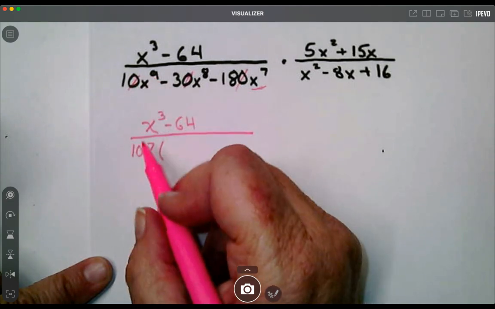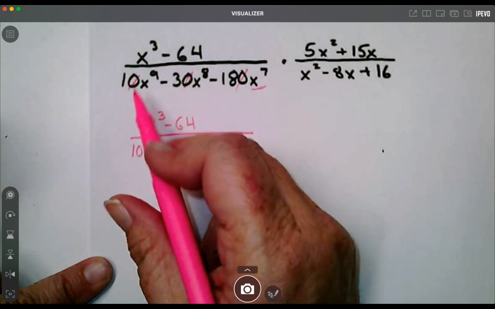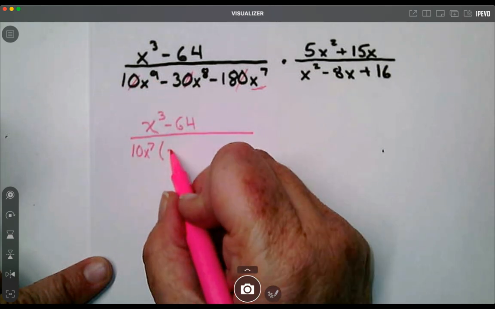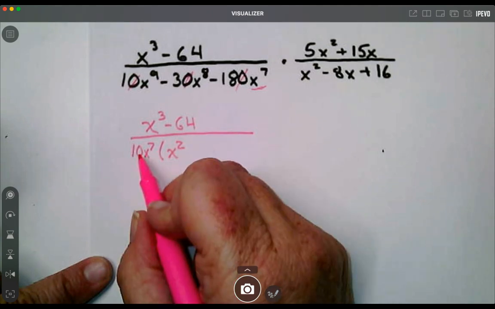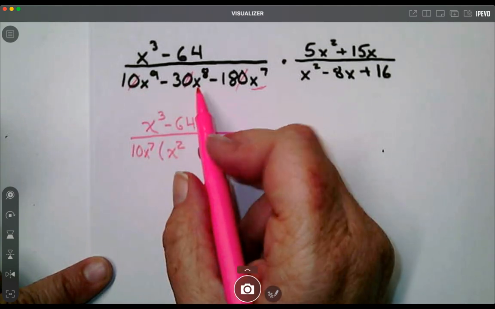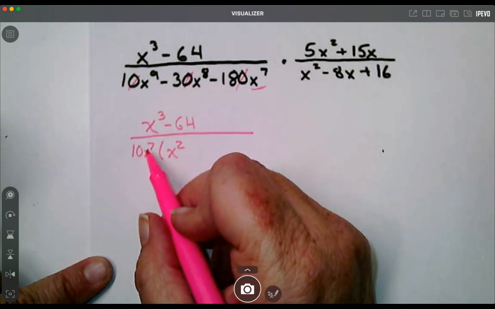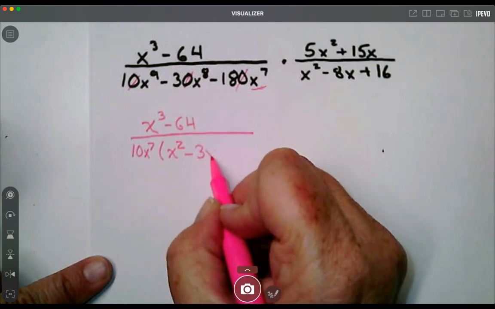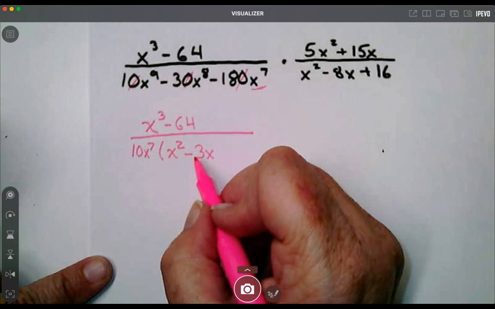10x to the 9th divided by 10x to the power 7, 10 and 10, and 9 minus 7, that gives me x squared. And if I multiplied those back, I would get 10x to the power 9. 30 divided by 10 is 3. I took out x to the power 7, so that just gives me 3x.